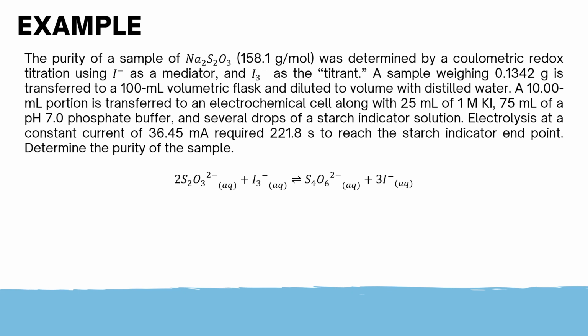A 10 ml portion is transferred to an electrochemical cell along with 25 ml of 1 molar potassium iodide, 75 ml of a pH 7 phosphate buffer, and several drops of starch indicator solution. Electrolysis at a constant current of 36.45 milliamperes required 221.8 seconds to reach the starch indicator endpoint. Determine the purity of the sample.